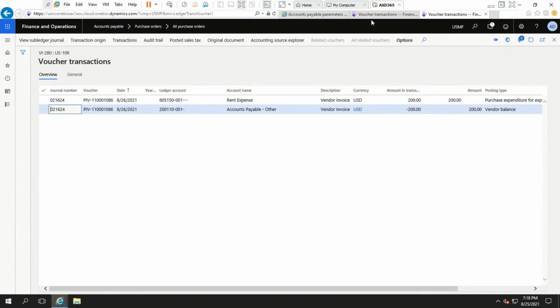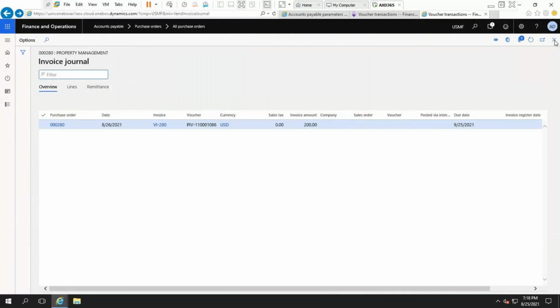Give me a second, it is refreshing the screen. Let me close this one. I will create a new purchase order for any vendor, no issues. Let me quickly create it and show you the product receipt voucher.